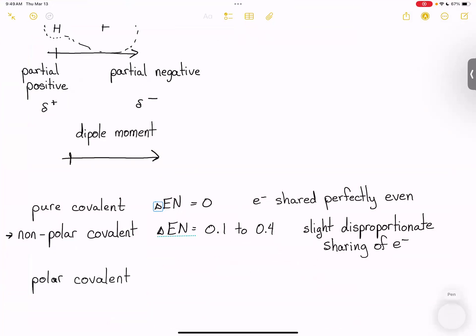A polar covalent bond would have a difference of electronegativity of 0.5 to 1.9. Means that these elements disproportionately share those electrons.